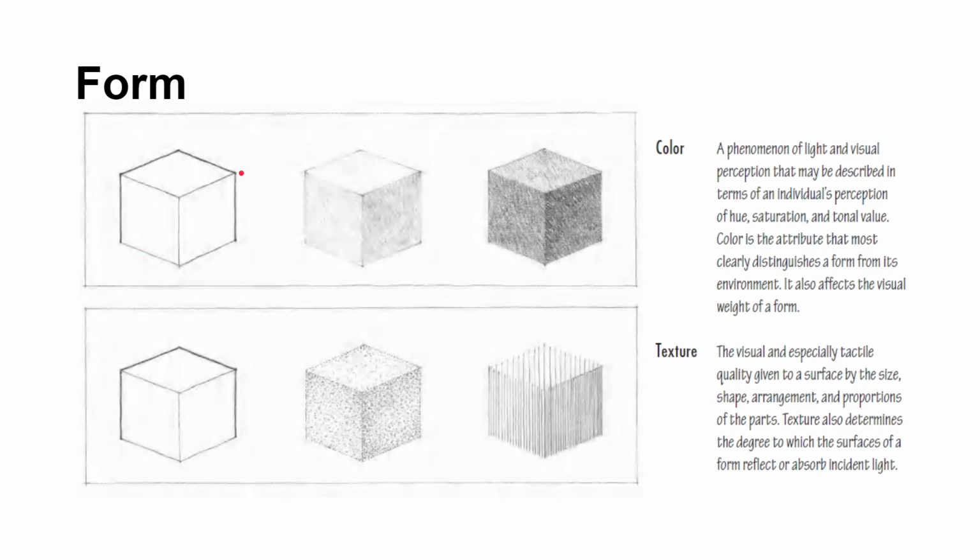In your first form, you have the cube in all bare surface. For this, it doesn't cast any shadow, or it doesn't have light or shadow. So it's visually equal on all ends. The next one, maybe we can present a diffused light in this situation.